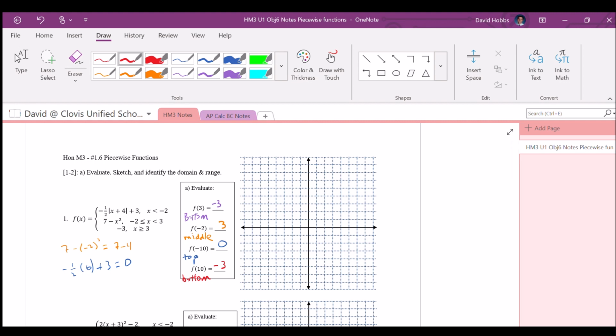Okay, so let's go ahead and start to sketch it. Now, I have found for some people, at least at the beginning, it might be kind of helpful to put in some boundary markers. Ultimately, we try to stay away from these and get away from them. Now, what do I mean by boundary markers? You got negative 2 mentioned in 2 different rules, the top rule and the middle rule.